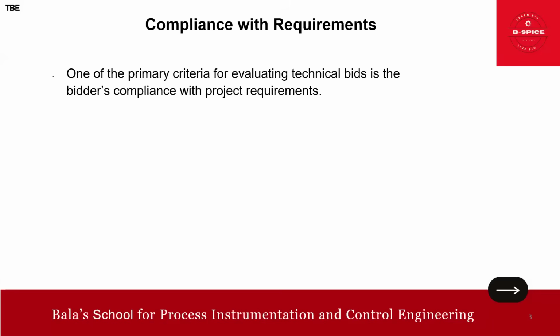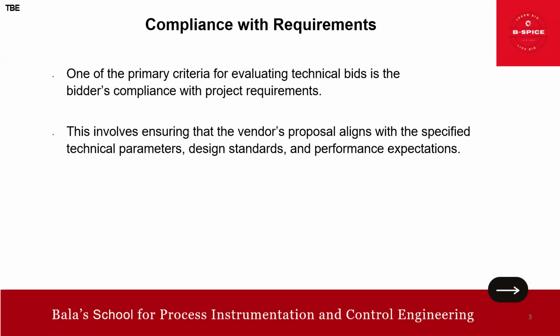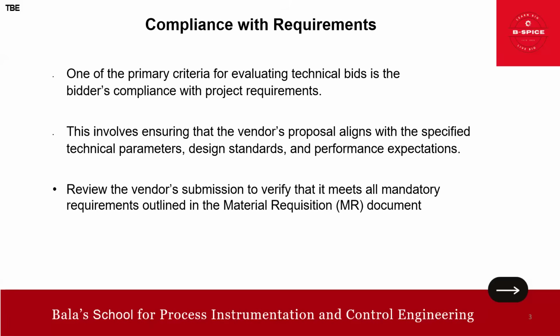That is very important. This involves ensuring the vendor proposal is aligned with the specified technical parameters in line with our data sheet, the design standards, and of course what is expected in terms of performance. So this is compliance with the project requirement.